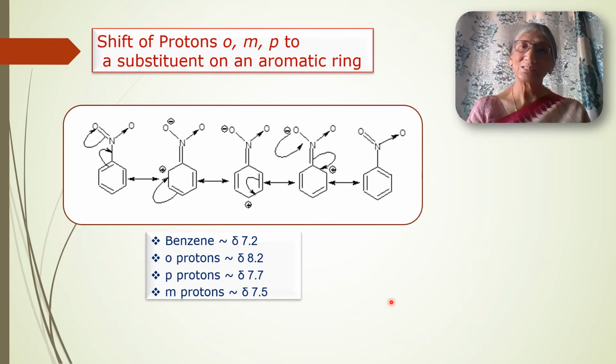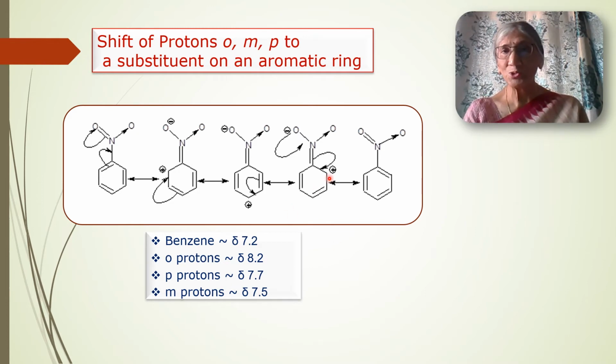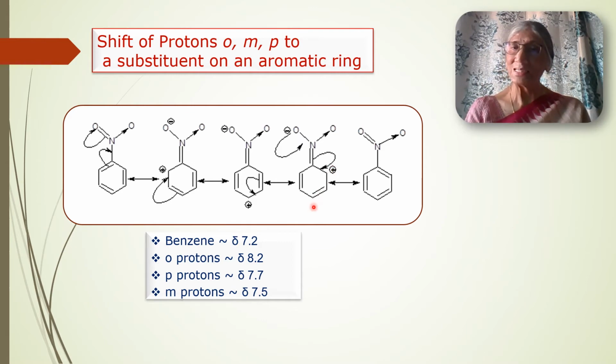If we discuss this in terms of NMR, then we see that at the ortho position and at the para position, electron density is decreased. Therefore, the protons should be de-shielded. And from the data, it is very clear that the ortho proton shows absorption at 8.2 delta and the para proton shows absorption at 7.7 delta.